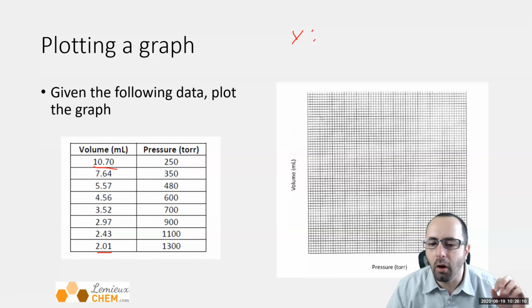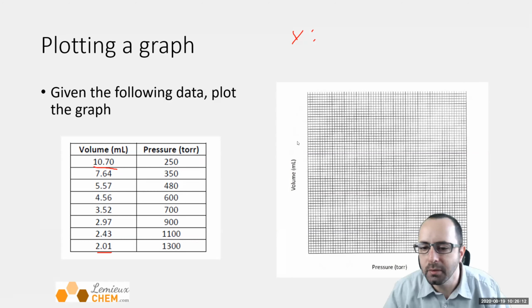Volume is on the y-axis here. So you can see it, actually they've already labeled the axes for you. They labeled the y-axis here as volume. So you didn't have to guess at where you're going to put that. The pressure is going to be the x-axis. So these were written in that way, it just turns out.